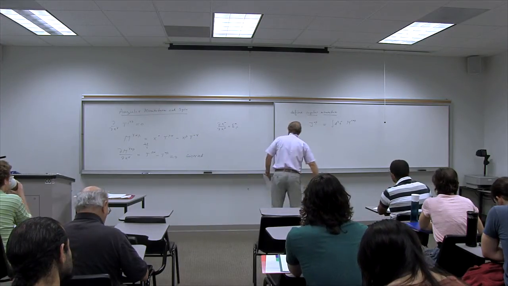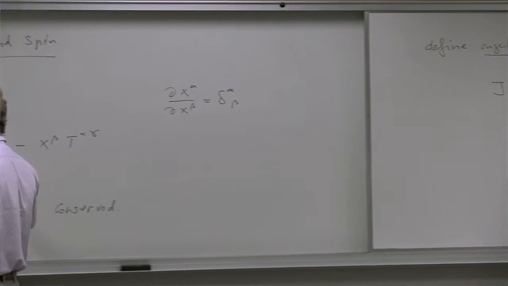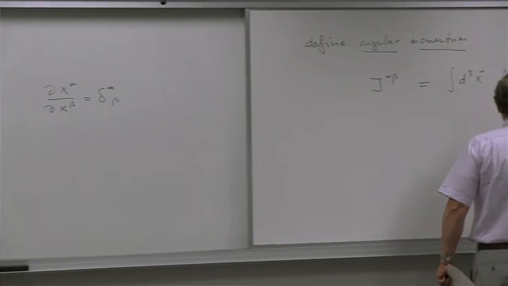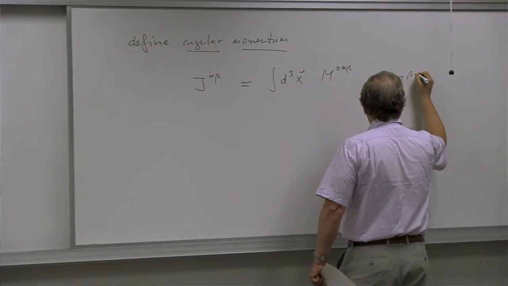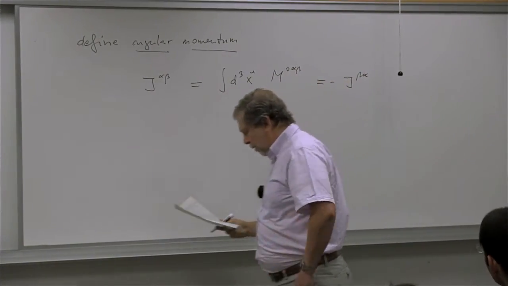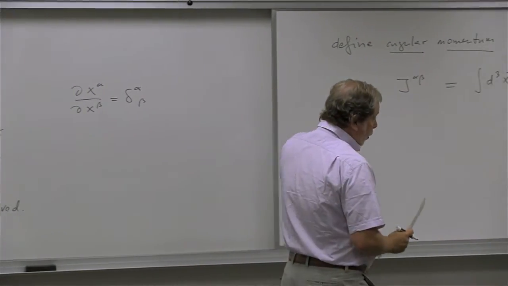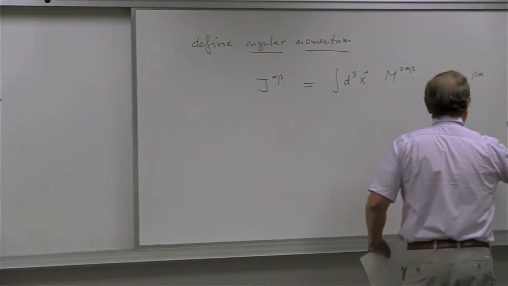And by construction, because of this difference, we have that this is also equal to minus J beta alpha. So it is antisymmetric, as you would expect for an angular momentum, right? So this is constant.